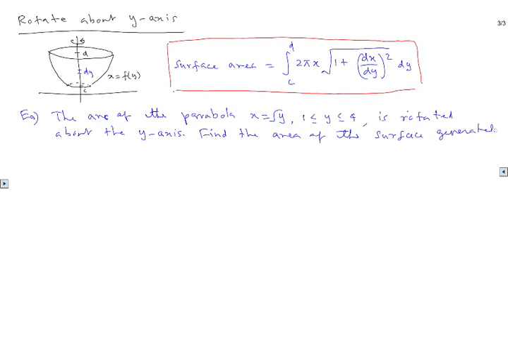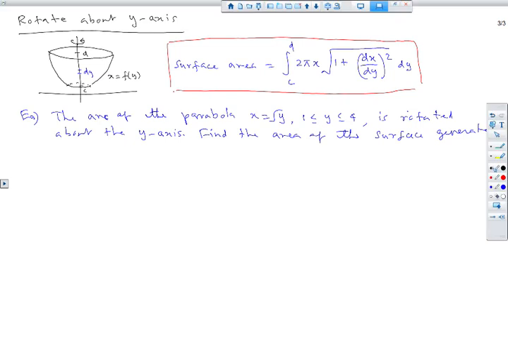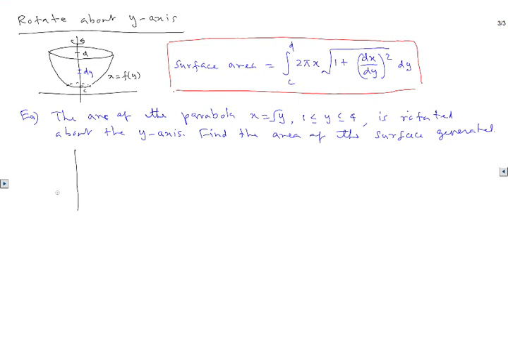Okay, so in these kinds of situations, it's a good idea to draw a supporting curve here. So what we have is very similar to what we drew just a few minutes ago. So it's going from 1 to 4. So you can see that's a square root curve in the other direction. Now we can rotate this curve about the y-axis.